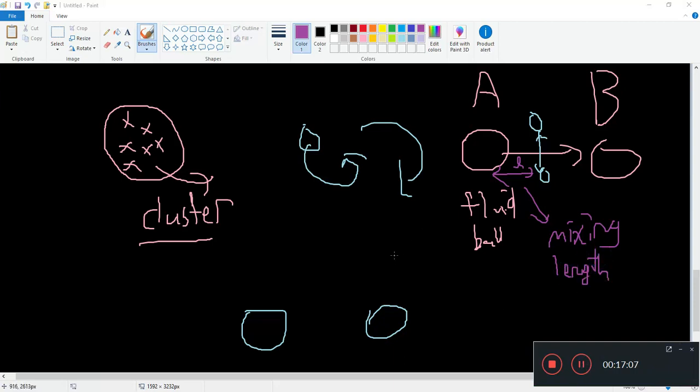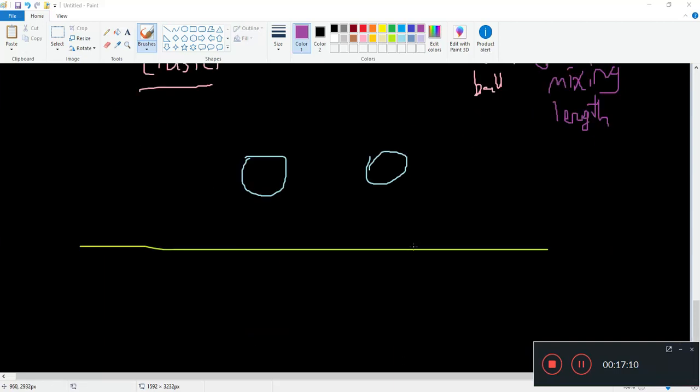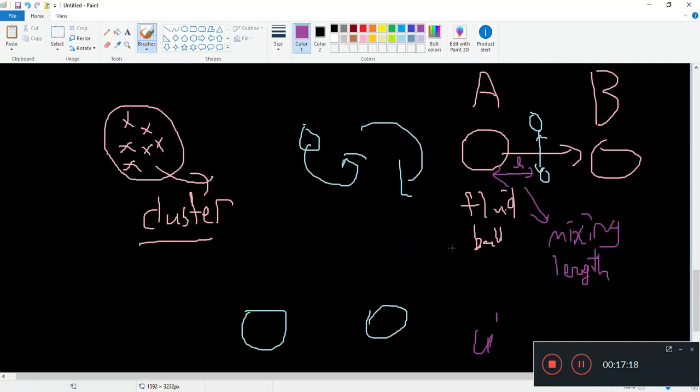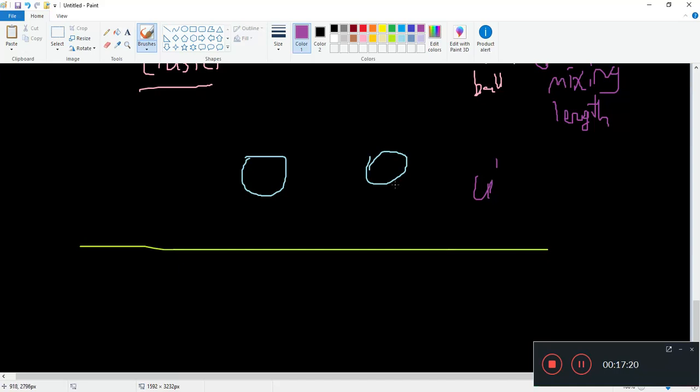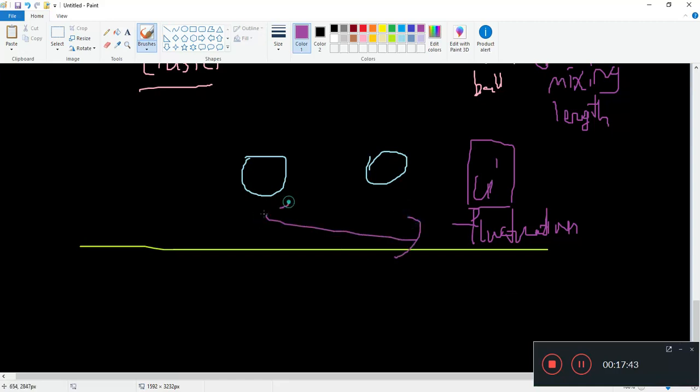So what does mixing length have to do with the fluctuating part of the velocity, for example, u prime or v prime? Well, let's have an estimate. This is a fluctuation, the velocity fluctuation, and what is the scale of fluctuations in this situation?